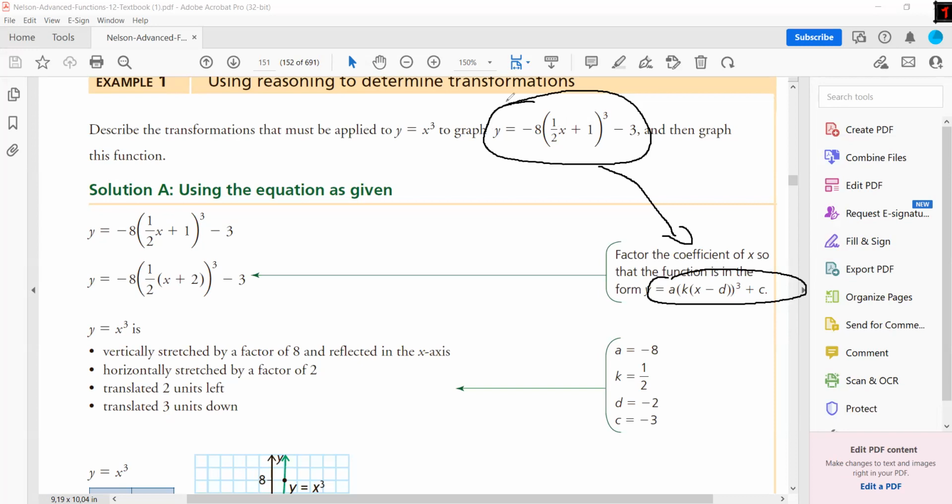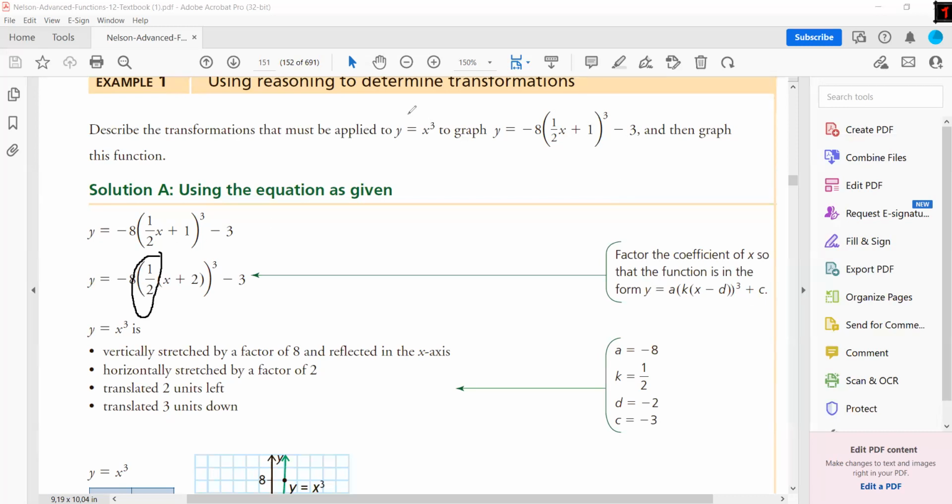So, considering that, what is the stuff that we don't want to see here? We don't want to see any coefficient in front of x. We want to see x plus some constant value in the brackets on its own. So that's why we are going to factor out 1 over 2. While factoring out 1 over 2, this 1 would turn into 2, right?